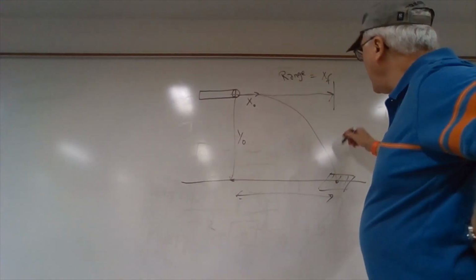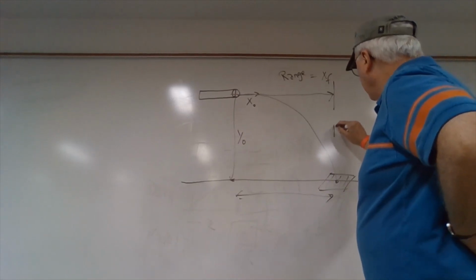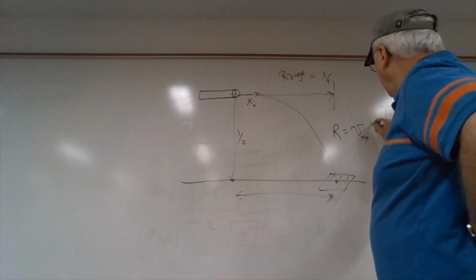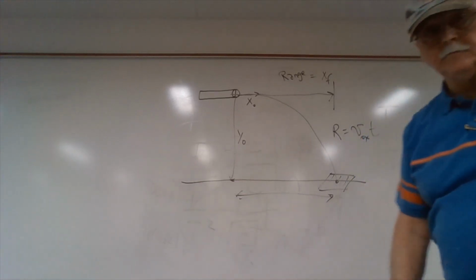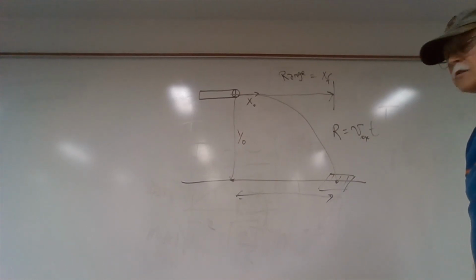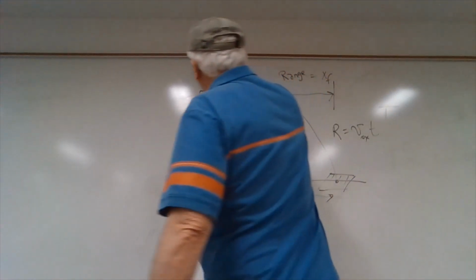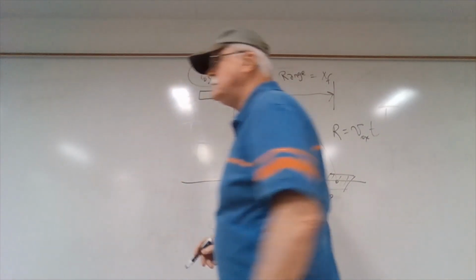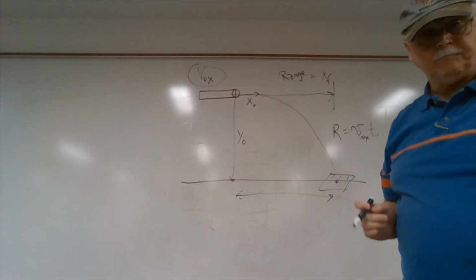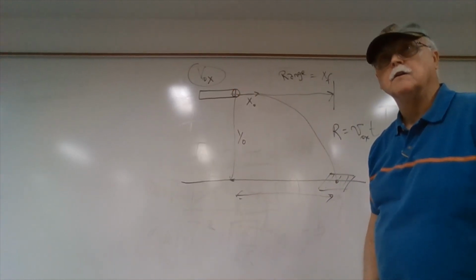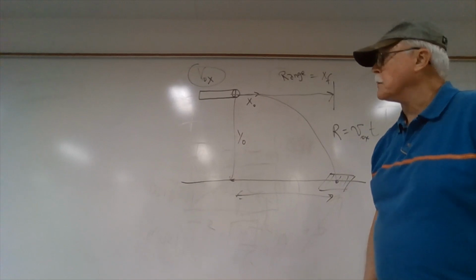And since I know the time of flight, I can say range equals V0x times the time of flight. Now I can figure out what V0x is. V0x is your control variable. That's the muzzle velocity coming out of this launcher.